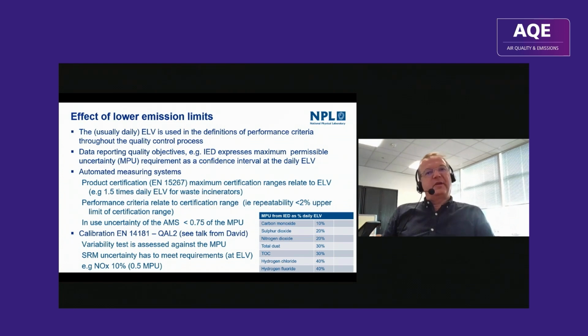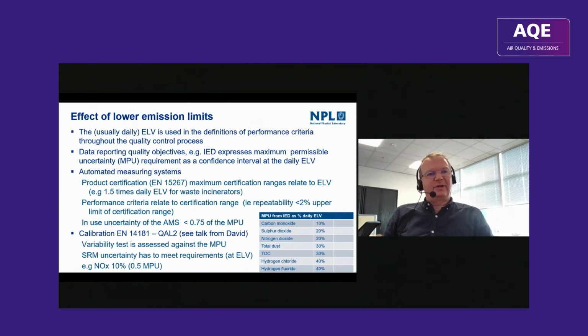And when in use, there are requirements on the uncertainty of the systems, and generally they are related to what's known as the MPU, the maximum permissible uncertainty. For example, there's a requirement that the uncertainty of the AMS in use is 0.75 of the MPU, and that MPU is based on the daily ELV in the IED. And so as we have reduced limit values, we're making it tighter to meet those requirements. David will be talking later about some of the implications in terms of the QAL2 calibration stage in EN 14181.